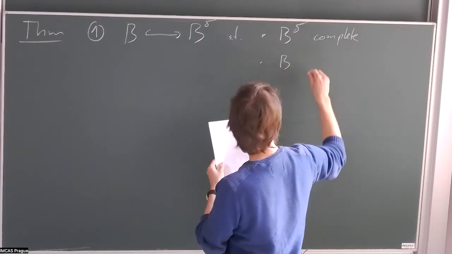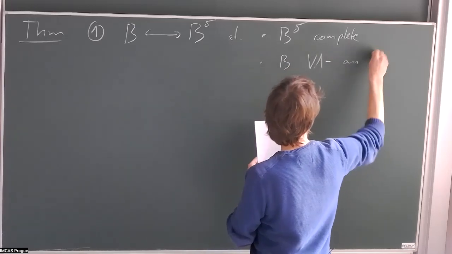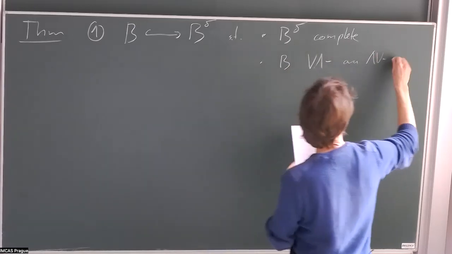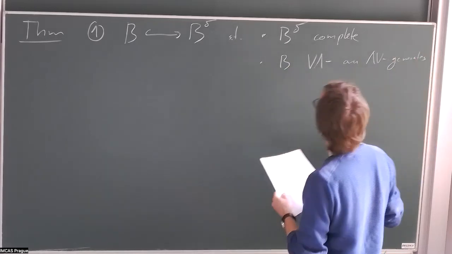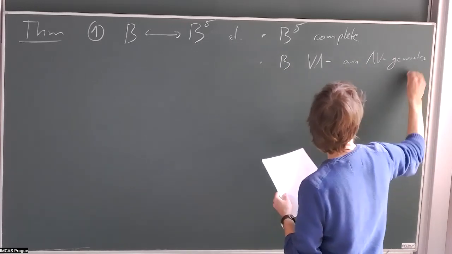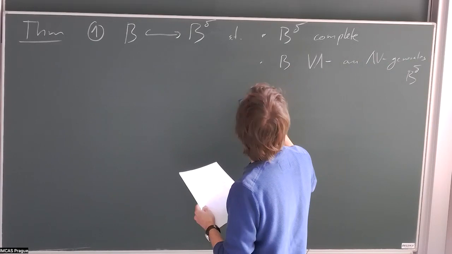B join meet and meet join generates B delta, and there is a compactness condition.